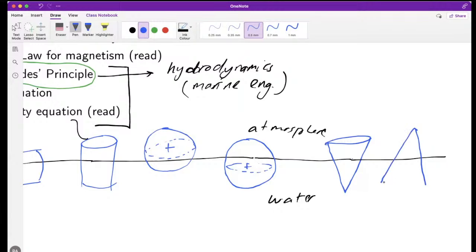You can have a cone like this. Okay, this is what we call inverted, right?